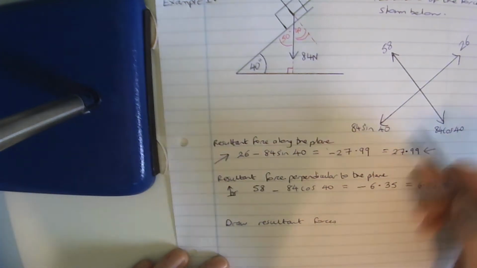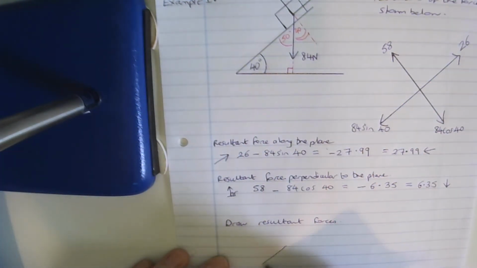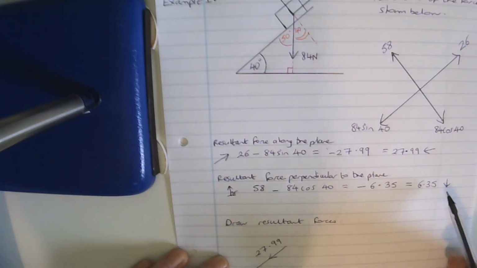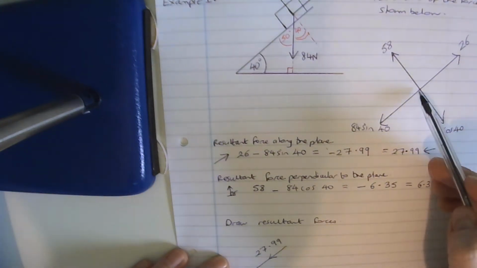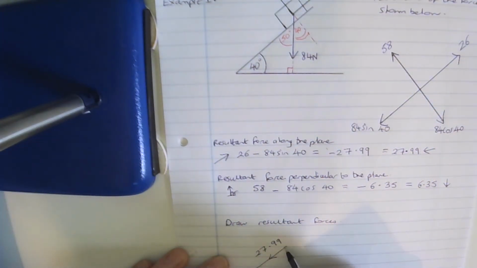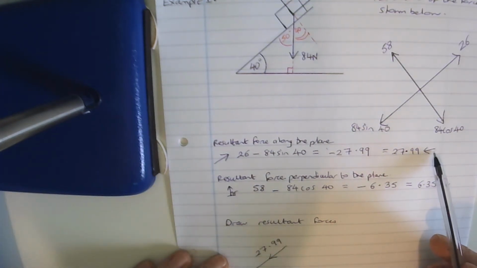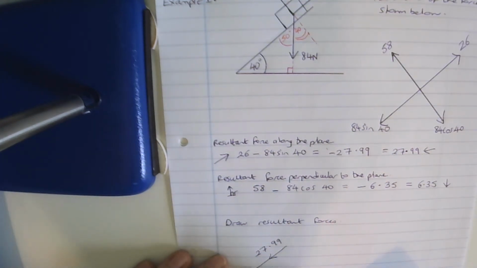I suppose we'd say it was going parallel to the plane there. So 27.99 was acting down the plane. And then the 6.35, that was going in this direction here. And these are just newtons. So we've got our resultant forces. Parallel to the plane is 27.99, and perpendicular to the plane is 6.35.